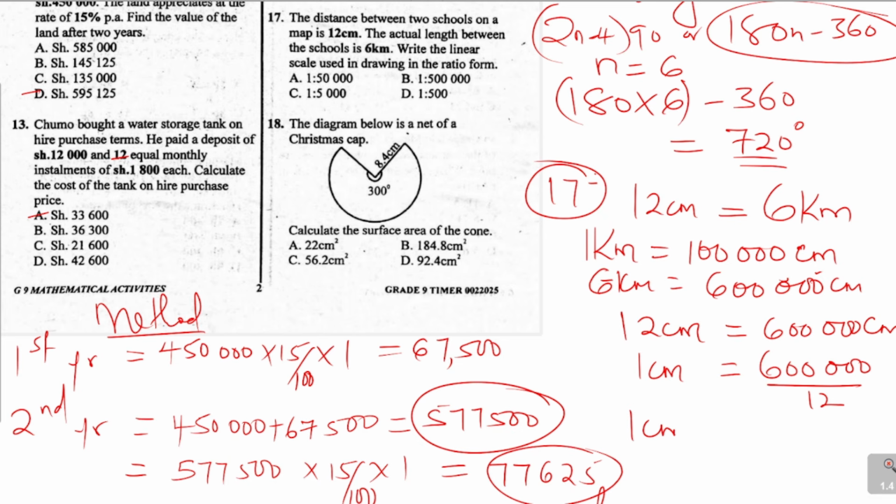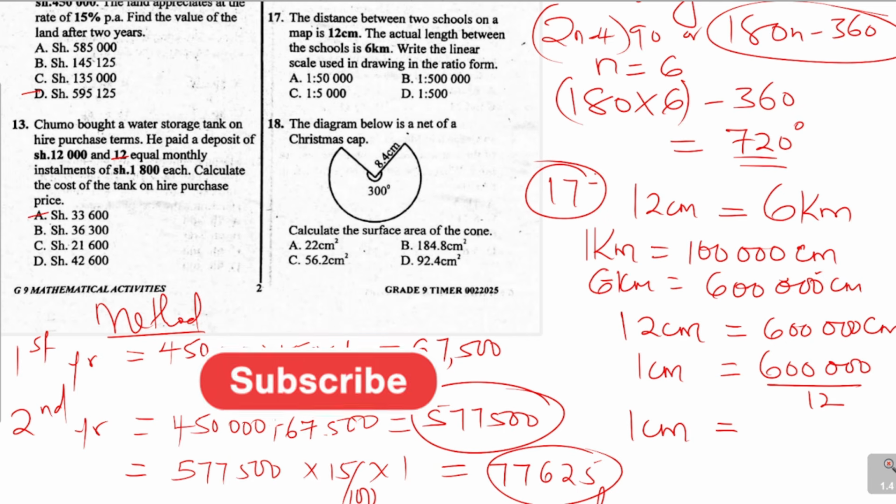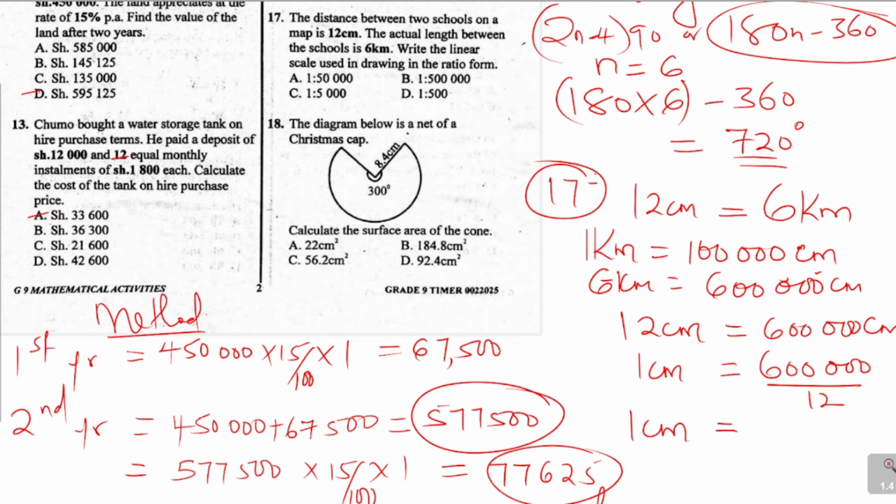So now the scale will be 1 centimeter on the map, and when you divide this, you get 50,000. This will represent 50,000 centimeters on the ground, and this ratio is written as 1:50,000. 1 centimeter on the map represents 50,000 centimeters on the ground. That is how you're supposed to work that out.